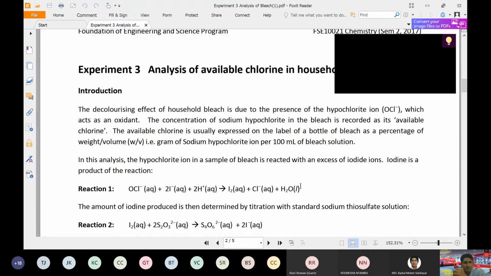So the thing is, this household bleach, what we call bleach, the main ingredient is chlorine, right? And of course it produces oxygen as well.